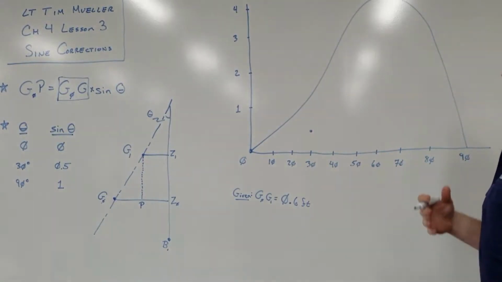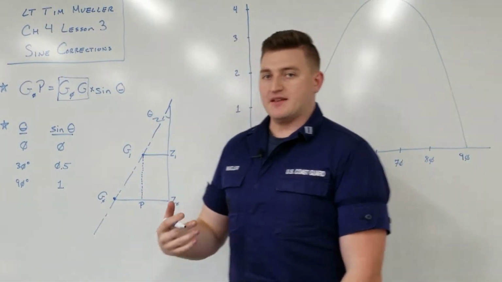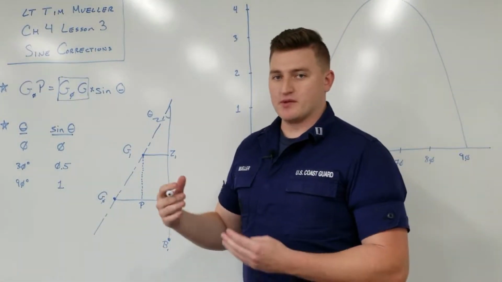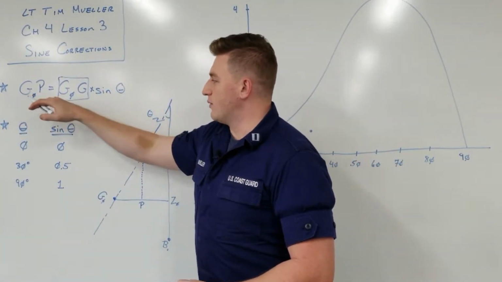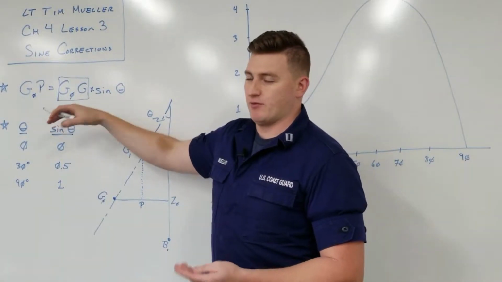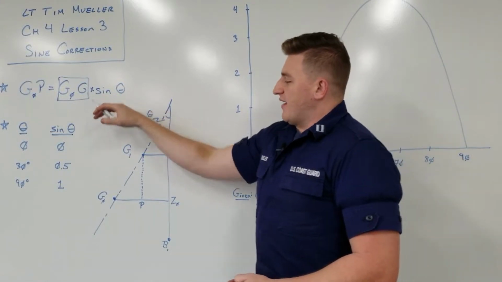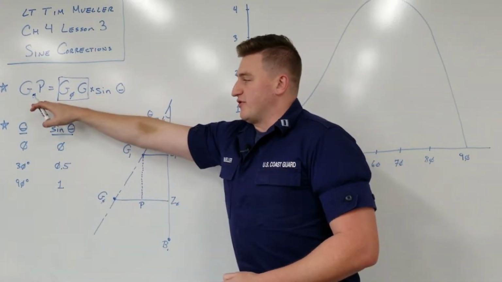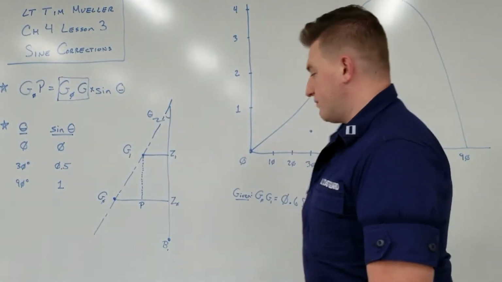Next, using this table, I'm going to move to 90 degrees. At 90 degrees, I know that sine equals 1. So now my reduction in righting arm equals GoG1, which is always going to be that 0.6, which was given to us, times sine theta. Sine theta is 1. So now my reduction in righting arm is just 0.6 times 1, or just 0.6.